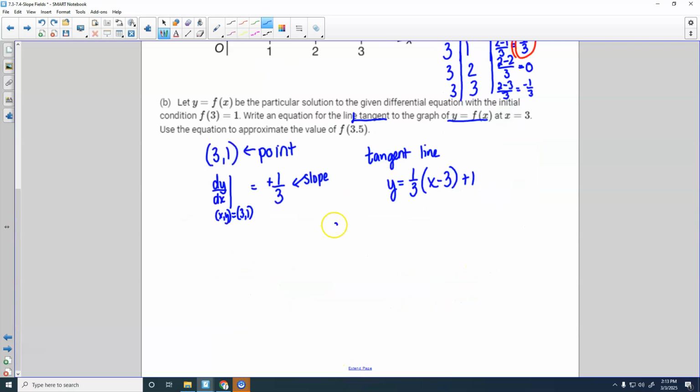So for free response, this is what I would do. f of 3.5 approximately equals 1/3 times (3.5, oh sorry, don't close that parenthesis yet, that'll mess you up) minus 3, plus 1. And I would stop there because it's a free response question. But, of course, you could simplify it if you want.